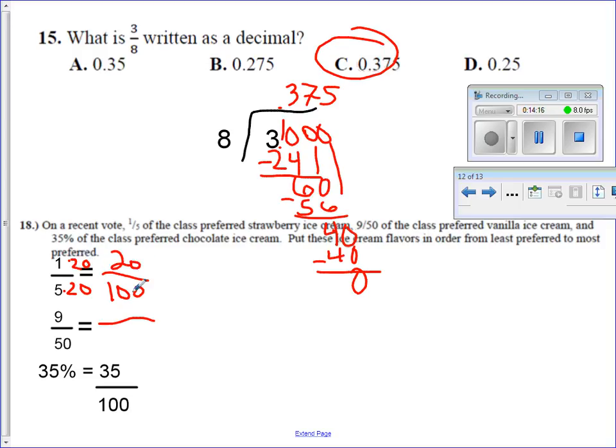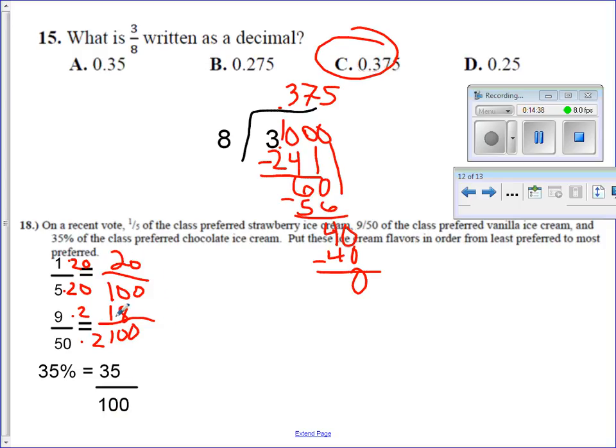So 20% preferred strawberry. 9 out of 50? Well, 50 times 2 is 100. And 9 times 2 is 18. 18% preferred vanilla. And 35%, 35 out of 100, preferred chocolate.